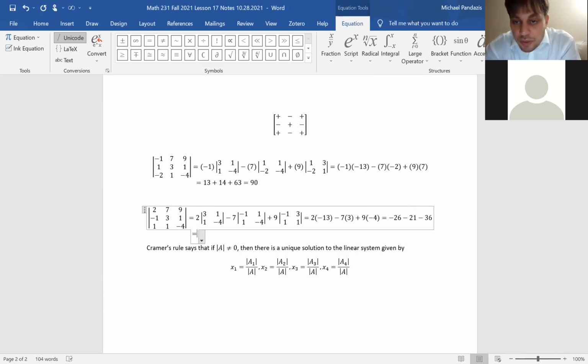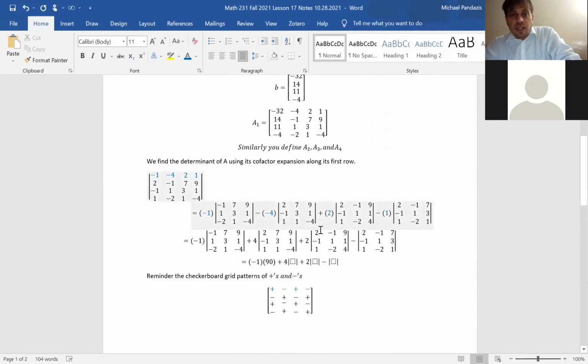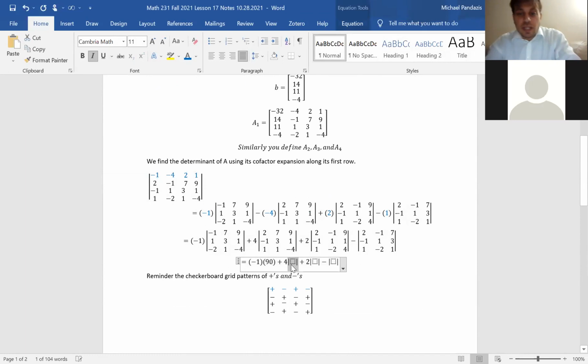And that's equal to -83. Okay, so that's equal to -83. So the next one is -83. So that determinant is -83. And so you keep calculating determinants.